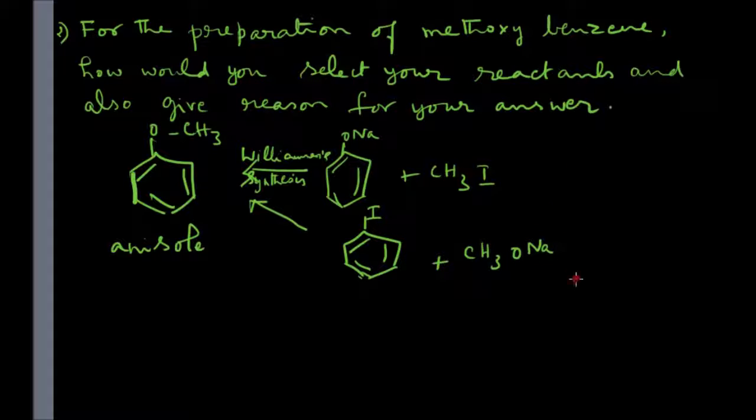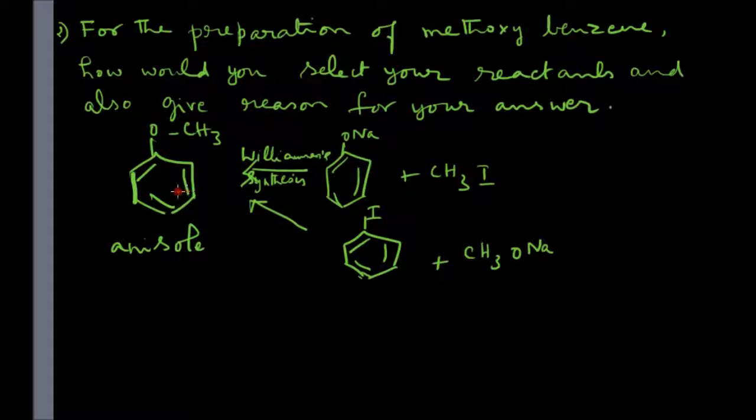Out of the two, which one is the correct set of reactants that you have to choose to bring about Williamson's synthesis? That is the question. Please think here and find out what is the factor that you have to consider.